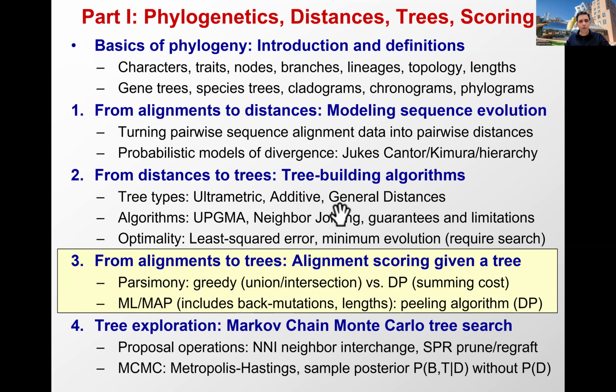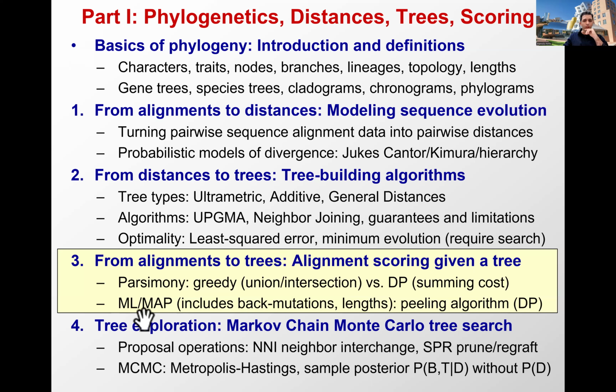We talked about neighbor joining, that works great for additive. And these have guarantees, but also have limitations in the case of the general distance. And we also talked about this optimality idea of maybe we could adjust the tree branches to minimize the least squared error or minimize evolution. And then again, all of these require a search, which is what we're going to talk about in part 4.